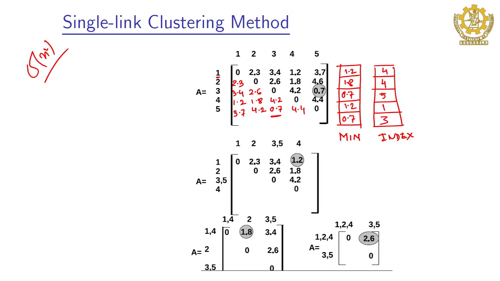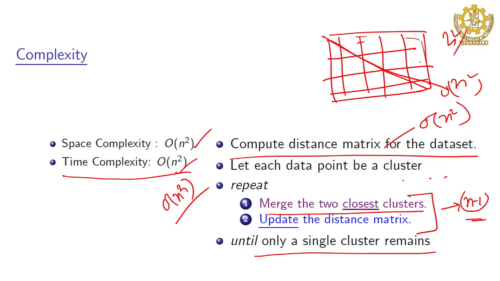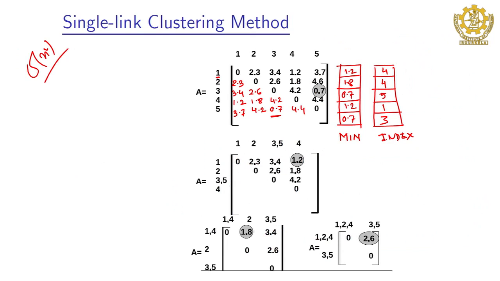Now, what was the algorithm we talked about earlier? That is the 2-step algorithm. We computed the distance matrix. Now, merge the two closest clusters. This is the step we have to find.